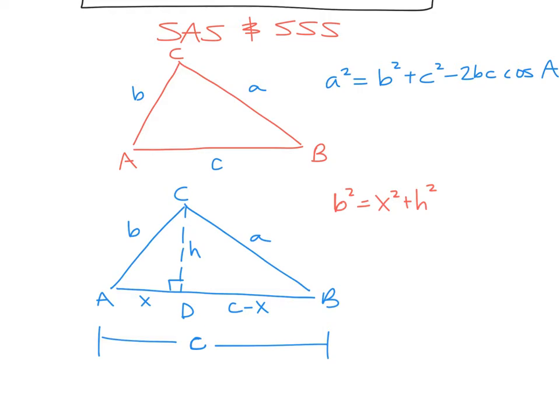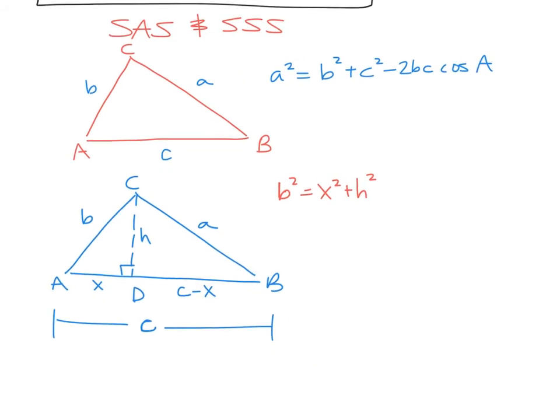I also know that if I do the cosine of A right now, so I'm looking from A, the cosine of A is what over what? Adjacent over hypotenuse, which is what in this setup? Adjacent would be lowercase b. x over b, right? b is your hypotenuse, so x over b.